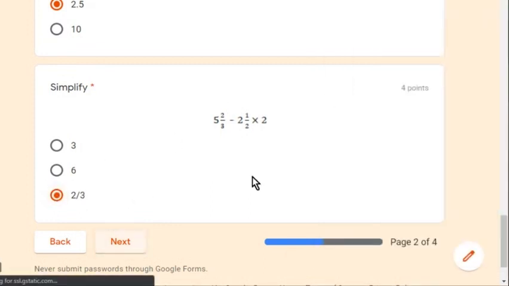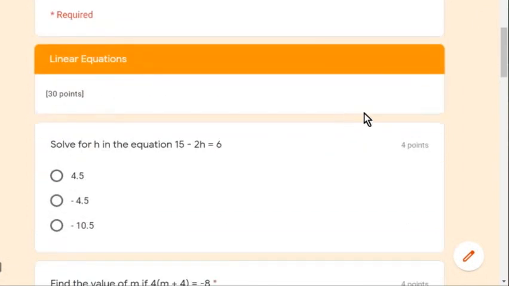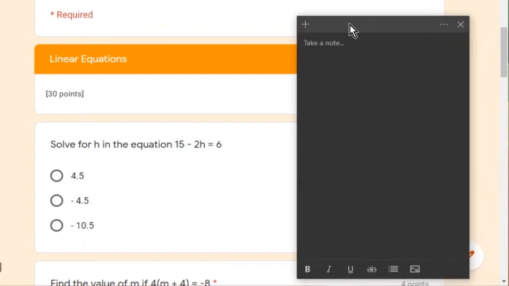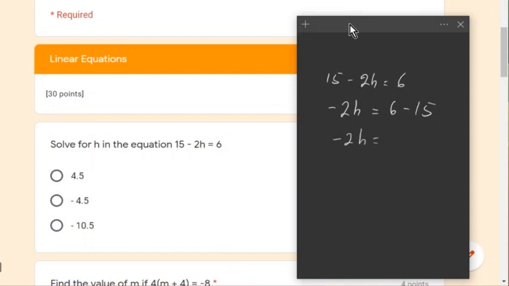Let's move on to the next section. We have linear equations. So for the first one, we have to solve for h. So I have 15 minus 2h is equal to 6. I'll move the 15 to the other side, and I have minus 2h is equal to 6 minus 15. Then I have negative 2h is equal to negative 9.